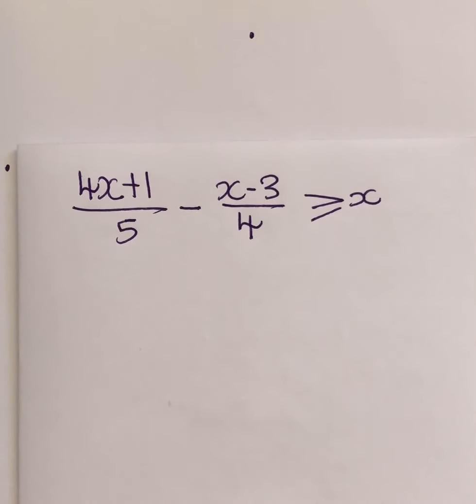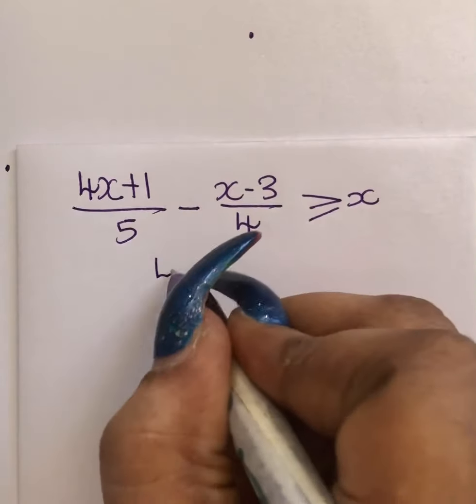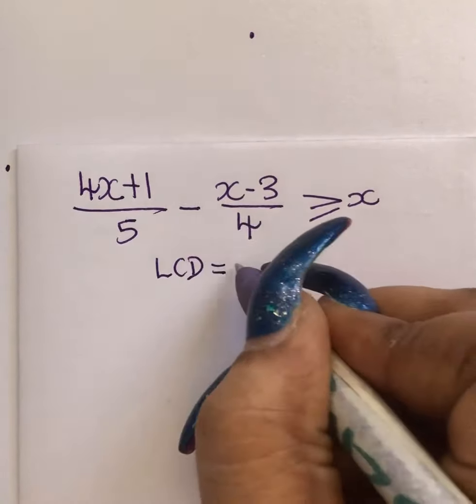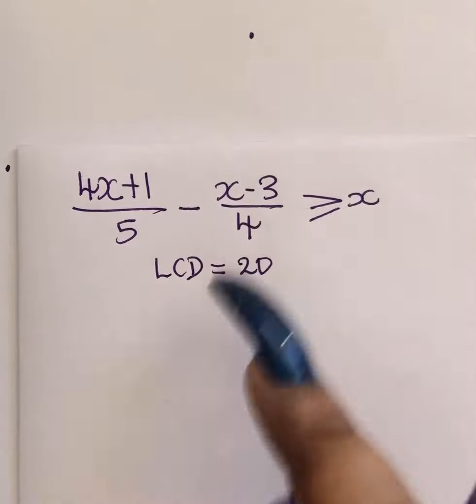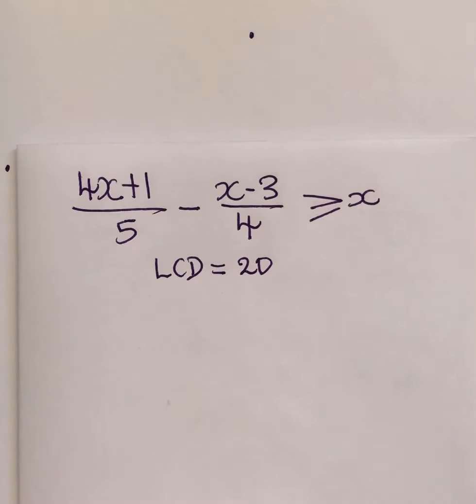In this case, I'm going to choose to find the lowest common denominator or the lowest common multiple, and that will be 20. I am going to now multiply each part by 20.